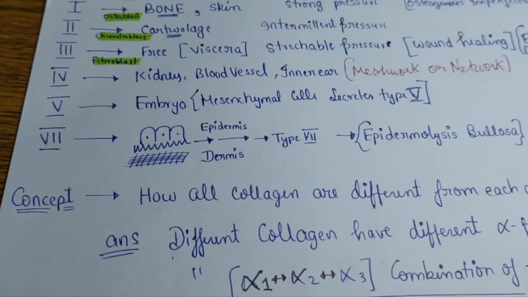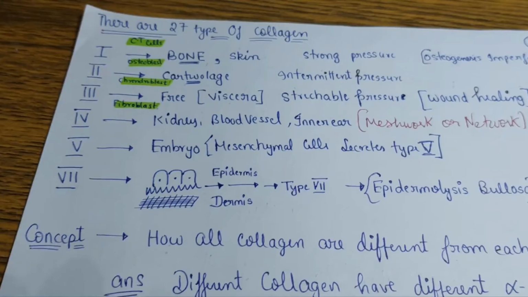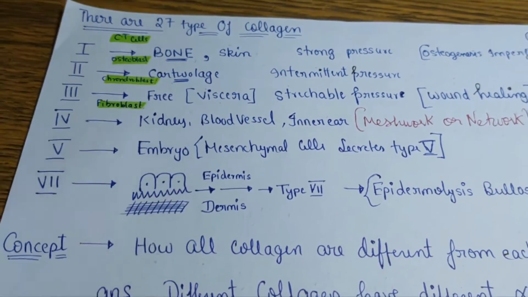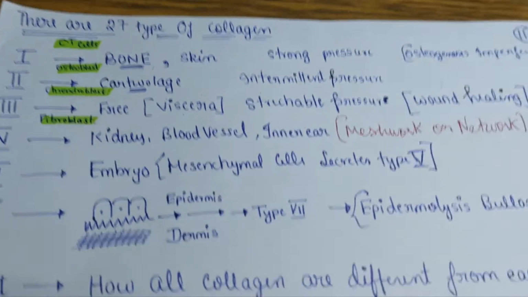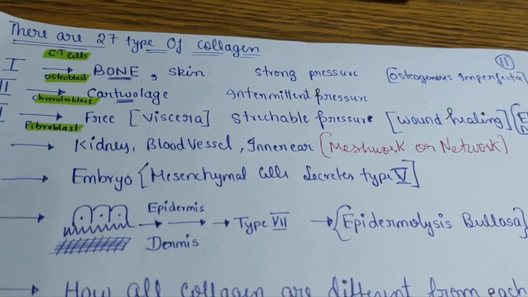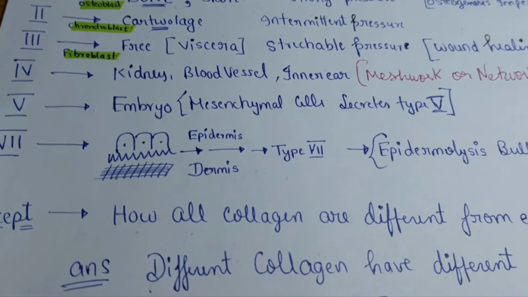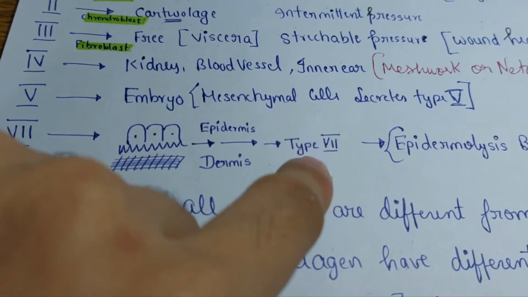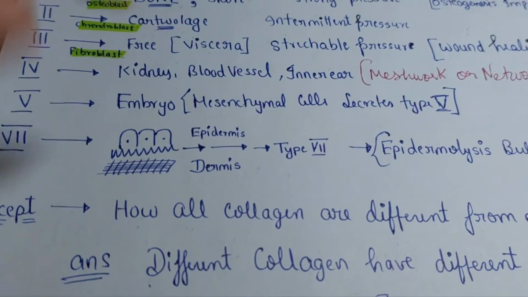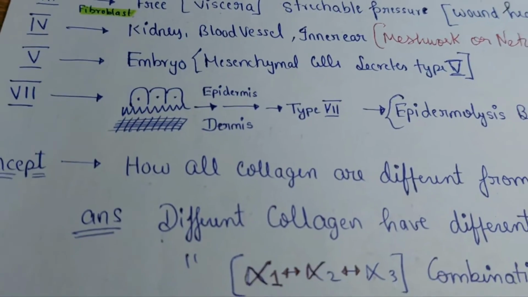Type 7 collagen again forms a network or meshwork, and it is present between the epidermis and dermis layers in the skin, and these layers are held together by collagen number 7. So if we have any genetic problem or mutation in type 7 collagen, the epidermal layer and dermal layer of skin won't be held together strongly.